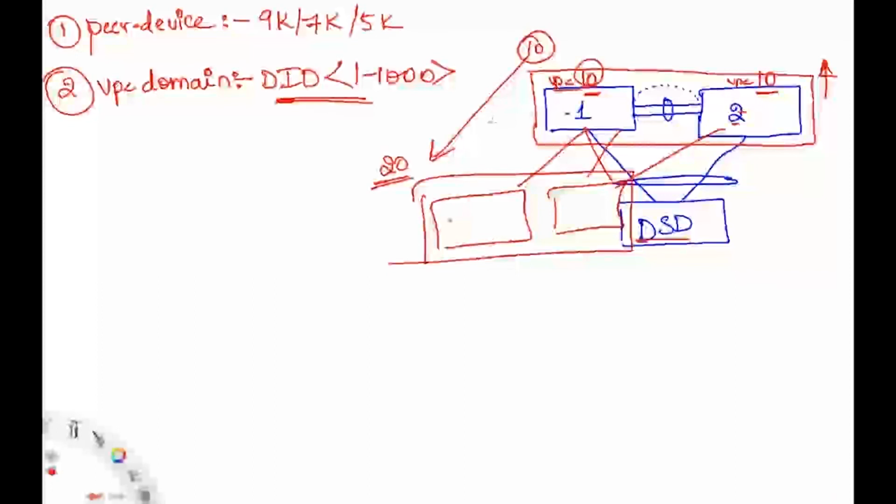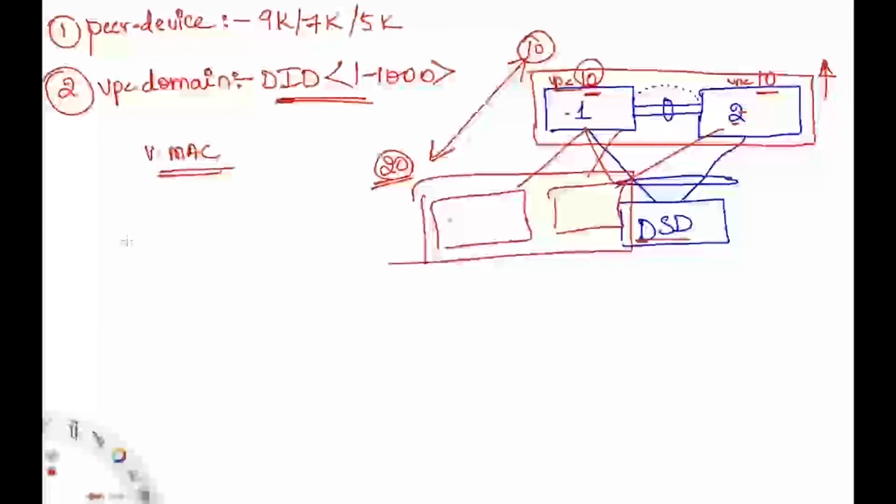However many other VPC domains you have in the same layer 2 network, please make sure that the domain IDs are completely different. Why? Depending on the domain ID, there is a MAC address that gets generated. About the MAC address, I'll speak later, but a virtual MAC address gets generated depending on the domain ID.